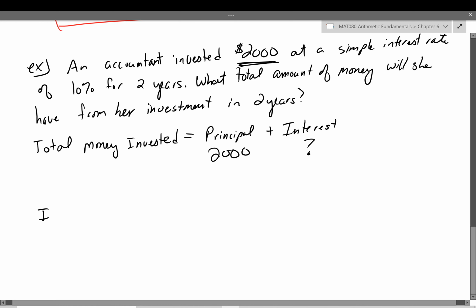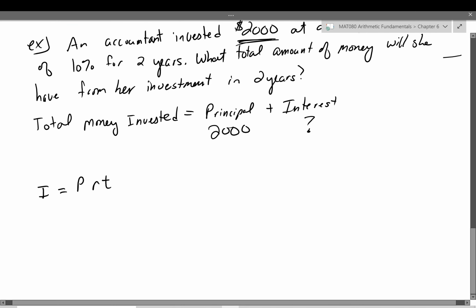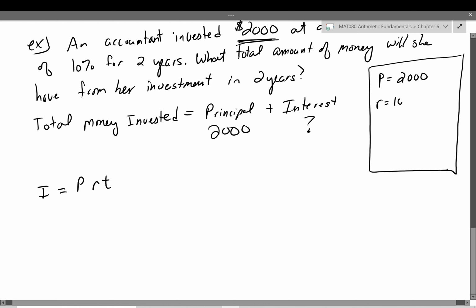So interest is going to equal the principal times the rate times time. And off to the right here in this little box I'm going to draw, it's always good to label. So the principal equals 2,000. The rate is 10%, which is 0.10 as a decimal. And then the time is 2 years. So I is going to equal 2,000 times 0.10 times 2.